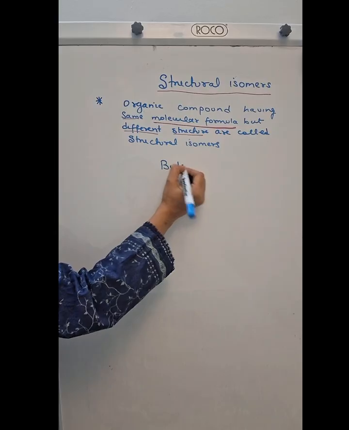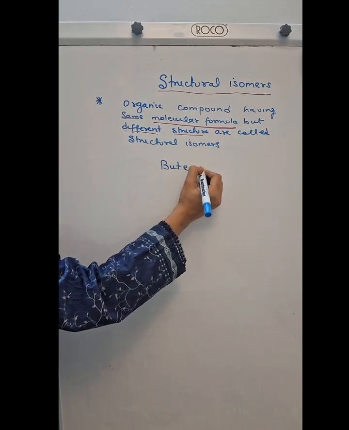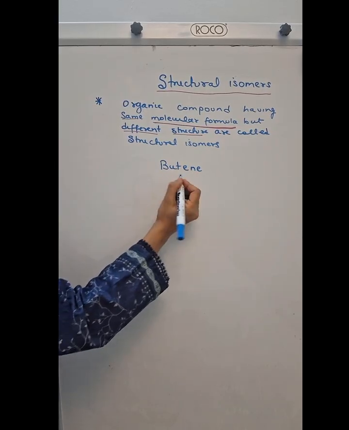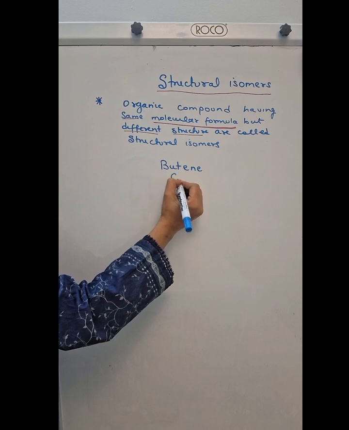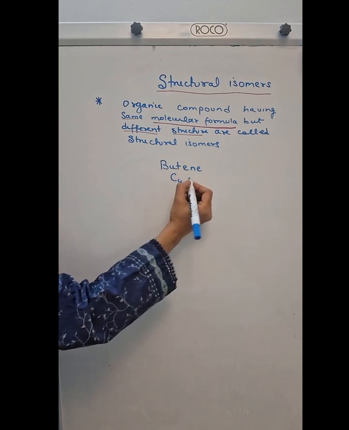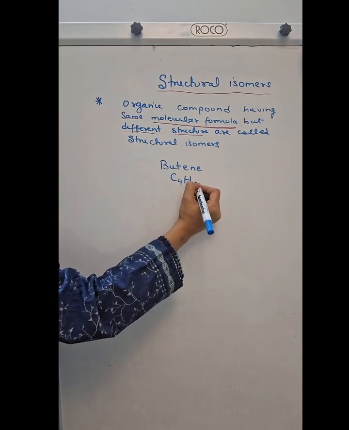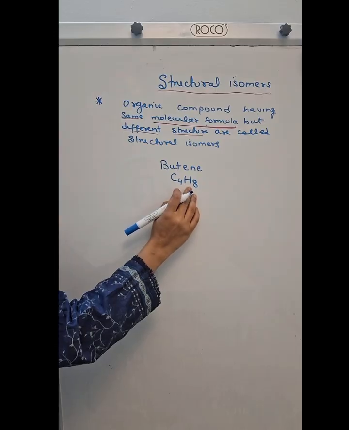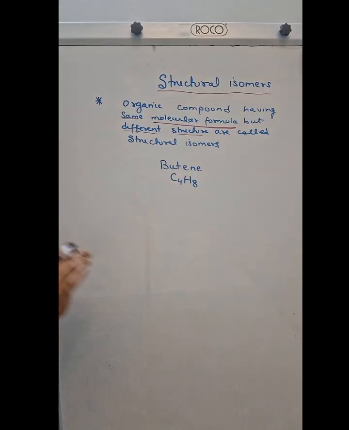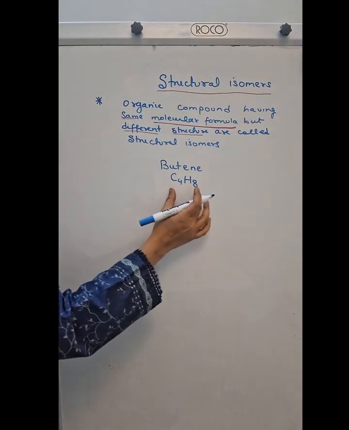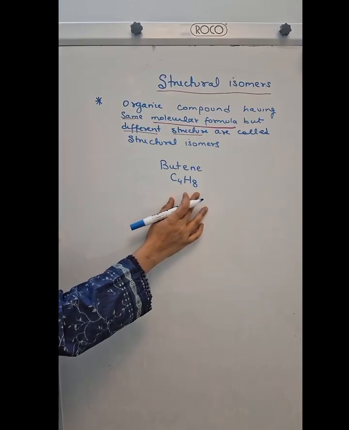We know from our previous class, butene is an alkene with 4 carbon because it is but, and hydrogen just double of carbon, that is 8 because it is ene, it is alkene. So this is the molecular formula of butene which we know from our previous knowledge.